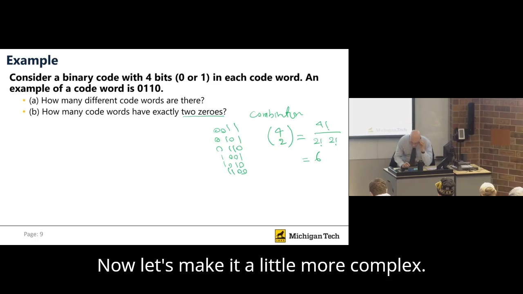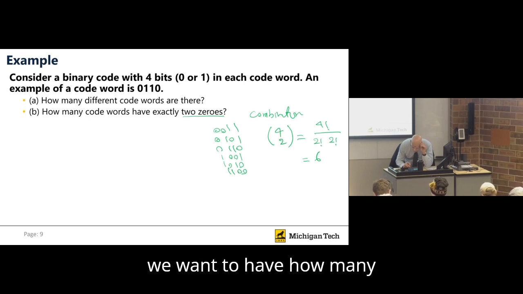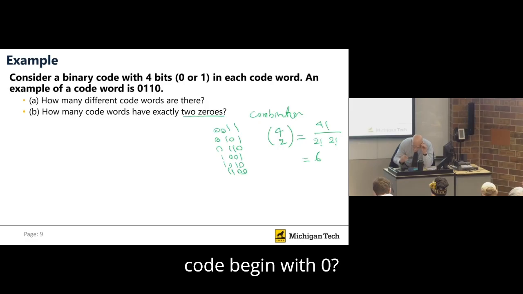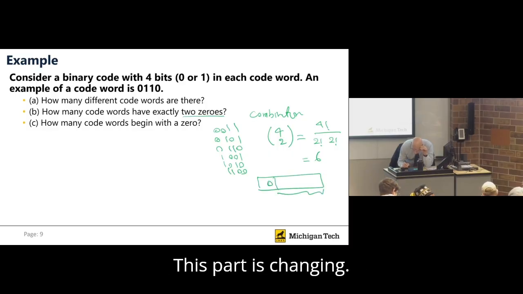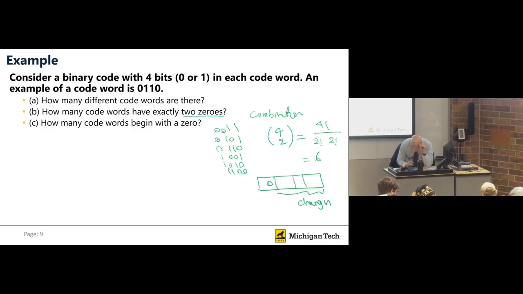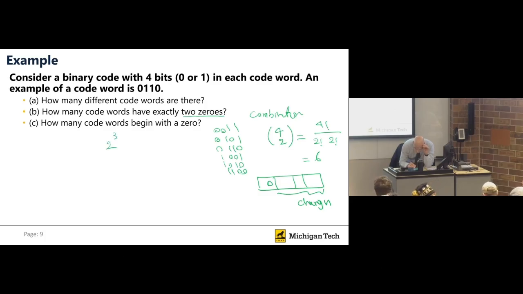Now let's make it a little more complex. What if we want to know how many codes begin with 0? If we begin with 0, this part is changing. We don't care about one of them; one of them is always 0. So the number is going to be 2 to the power 3, because this is 0.